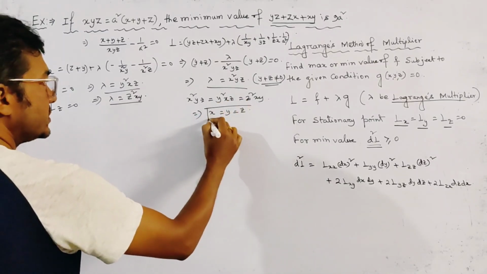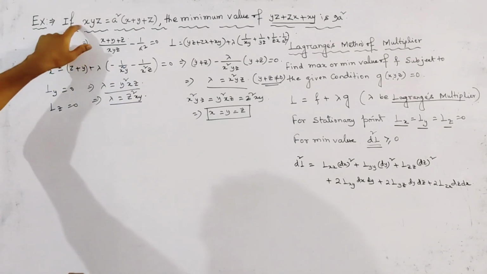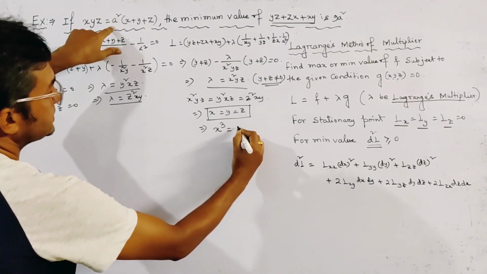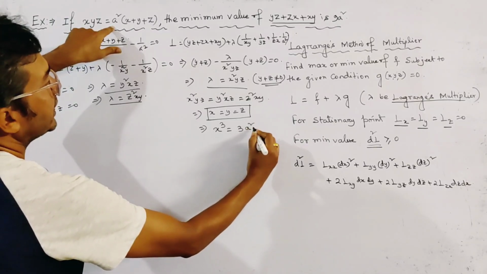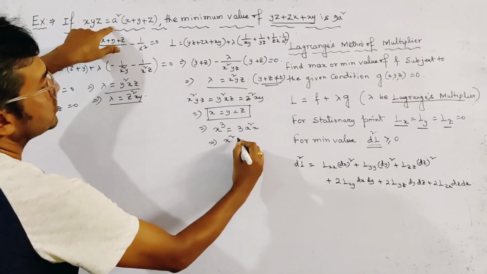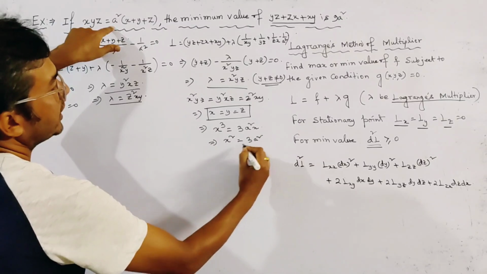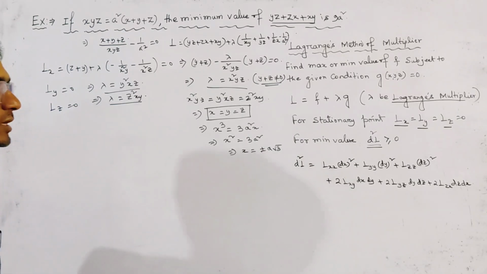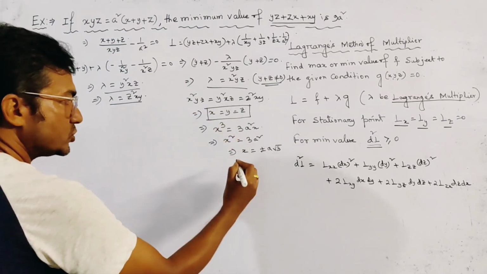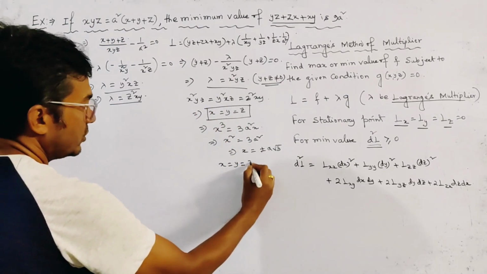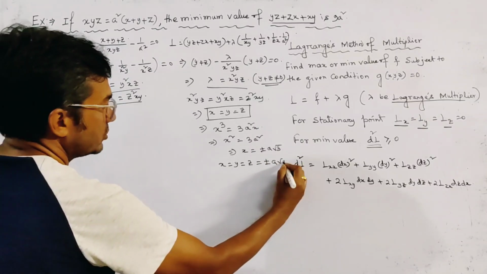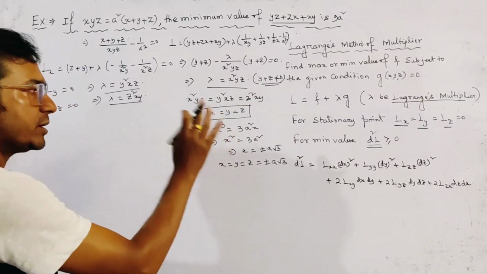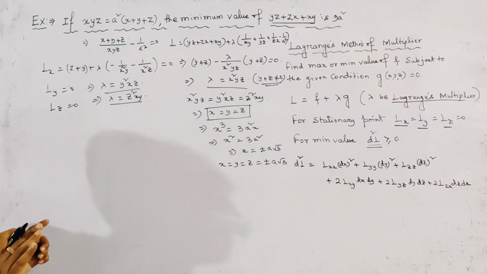Now we put this value into the condition, so we get x cube on the left side and 3a square x on the right side, and this gives x square equals 3a square, so x equals plus or minus a root 3. Since all are equal, x equals y equals z equals plus or minus a root 3. If we take plus, all of them are plus; if we take minus, all of them are minus.